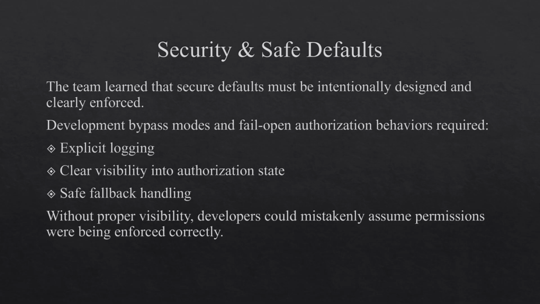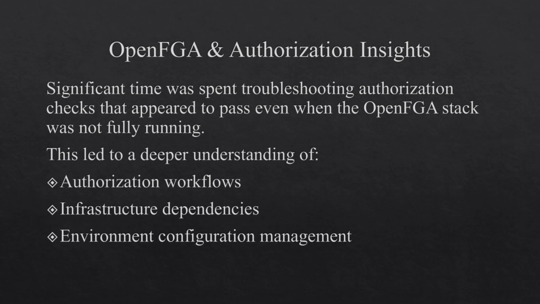There were fail-closed authorization and bypass modes for local devs that both have to be explicit and logged, or developers get false confidence that permissions aren't enforced, which took me a while with OpenFGA. I also spent time wondering why all the checks passed without a running FGA stack.